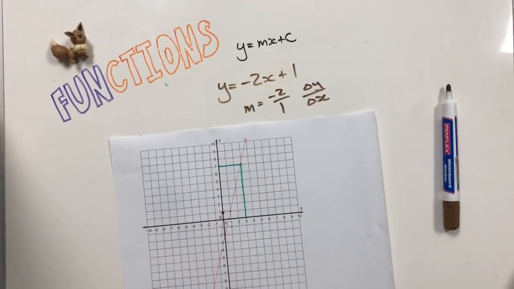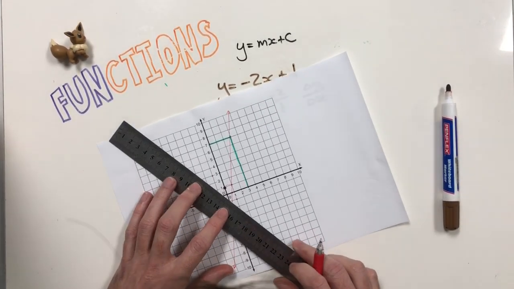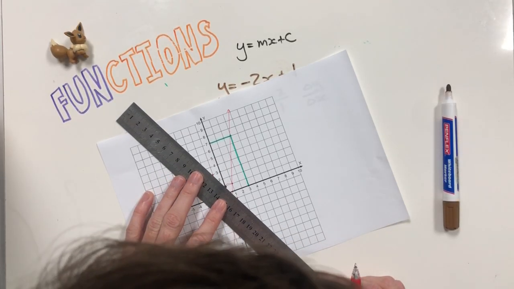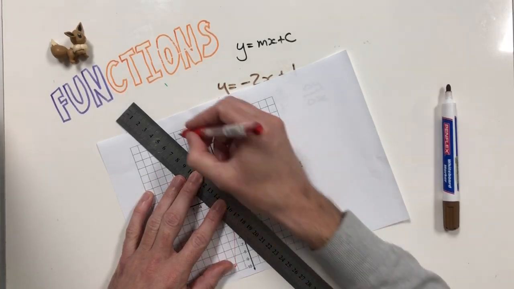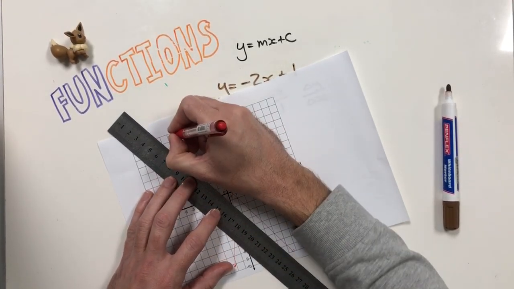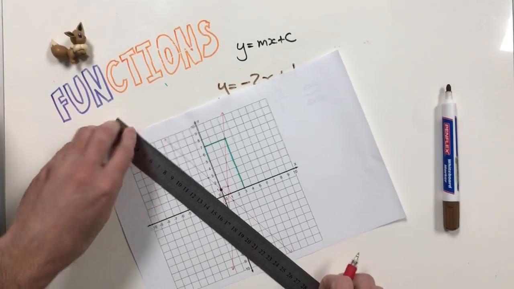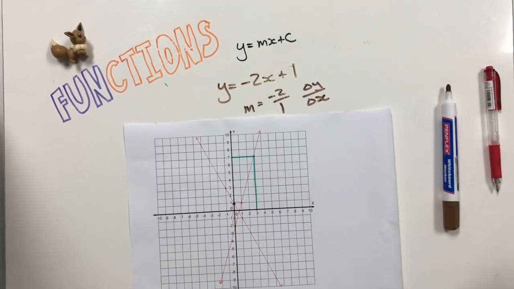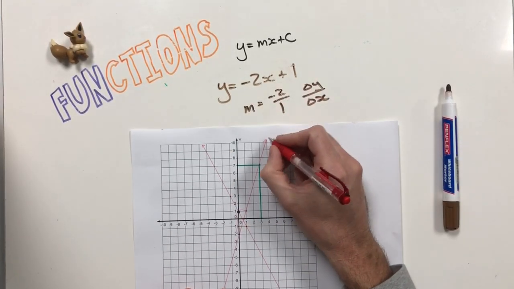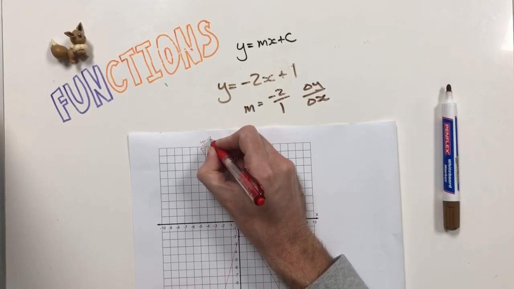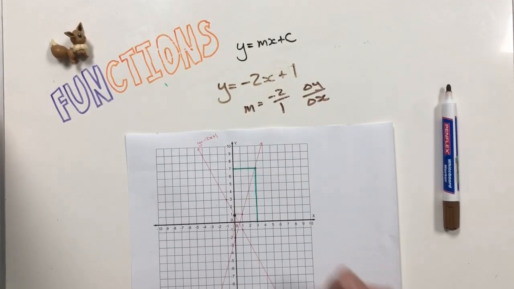And I'll quickly draw this line. Okay, so let's say they asked us to draw this new line. I'll just name the line: this is y is equal to -2x plus 1, since we're busy with this one.